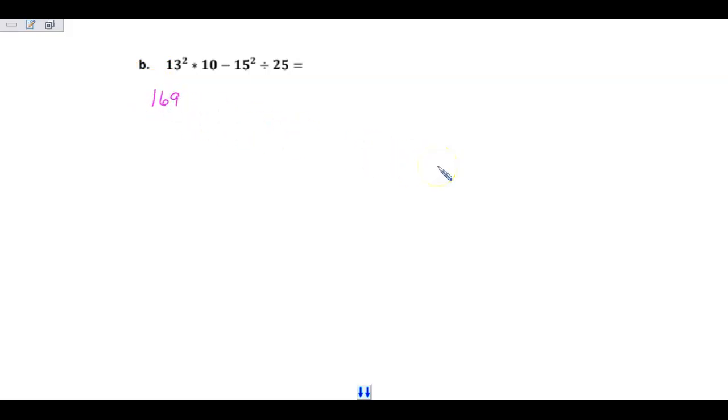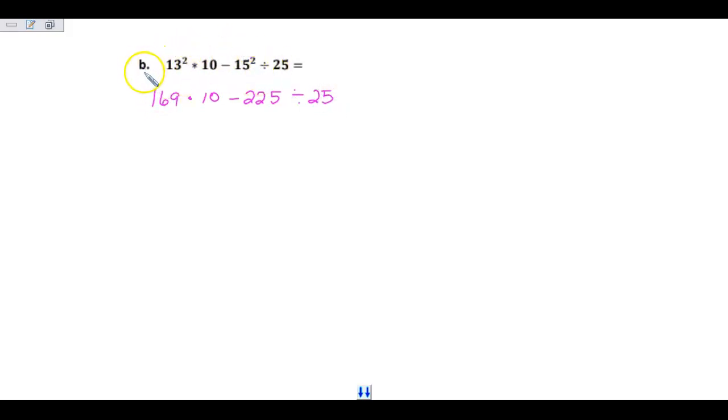And if I square 15, I can do that one at the same time, I get 225. So times 10 minus 225 divided by 25. Okay, so I've gotten rid of both of these exponents.